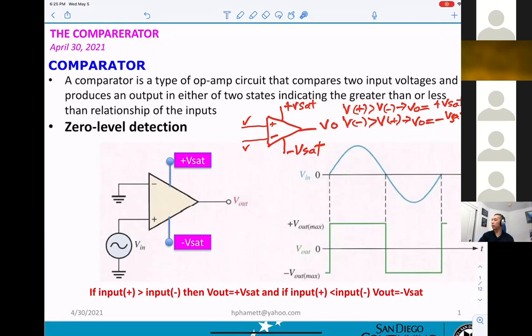There is no feedback. How do we know this circuitry is a comparator? Two input voltages. It's not an amplifier. You've got two inputs and an output, and two levels, one for V saturation and one for negative V saturation. No, that's not quite a good answer.